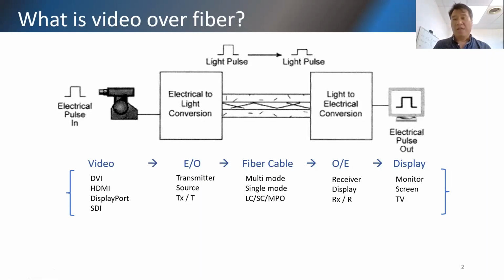And that obviously shows up on your screen, the monitor screen or TV. In every system that's essentially what it is, a simple representation. Most likely you'll see DVI, HDMI, DisplayPort, SDI, or there can be others. But this is a quick overview of what we mean by video over fiber.